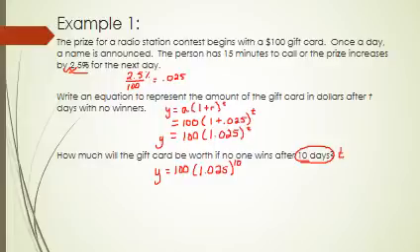Okay, so now remember, we need to do our exponent first. So we need to take that 1.025 and raise it to the 10th power. This would be okay to do on your calculator. I would actually suggest you use your calculator for this. Okay, and we get some really long, crazy number.